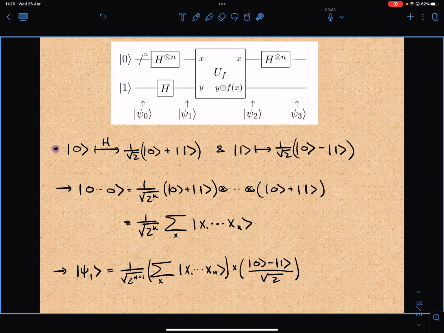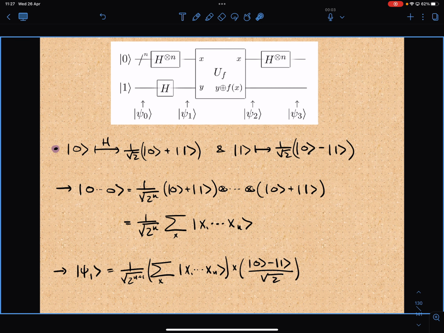And this is what we defined before. And here, this gate is going to be the Hadamard gate on each qubit, which is 0, 0, 0, 0. So I'm applying this Hadamard gate on each one of these. And each one of these is 0, so each one of these is going to be this.